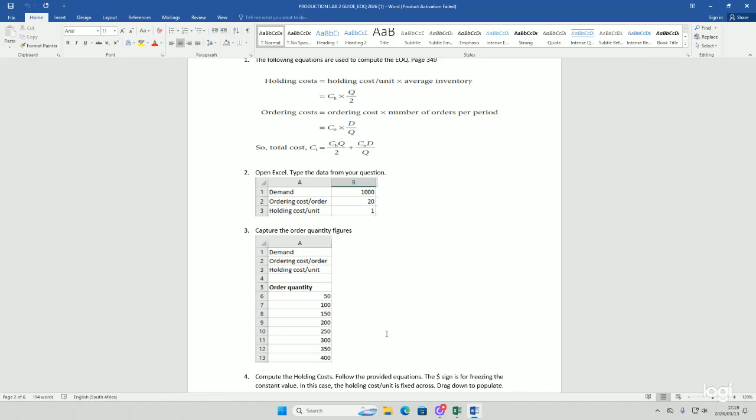Any business that deals with physical products is advised to apply this EOQ.